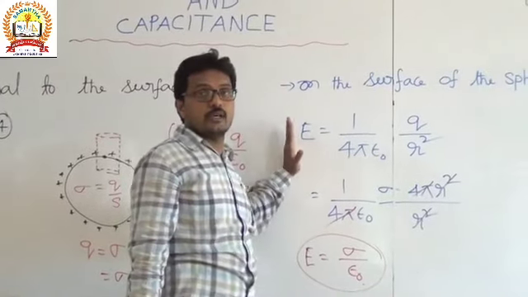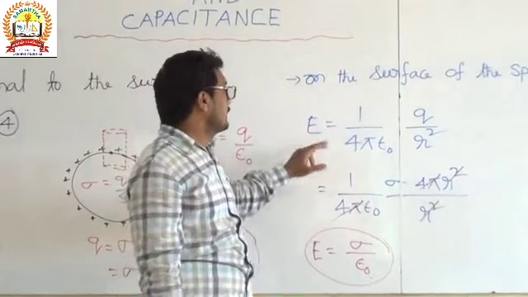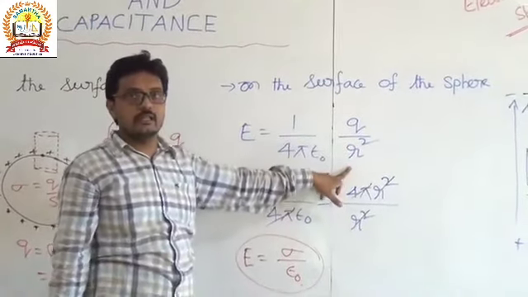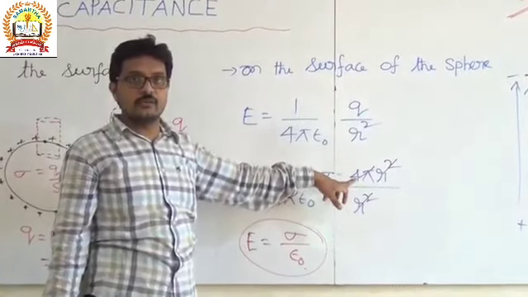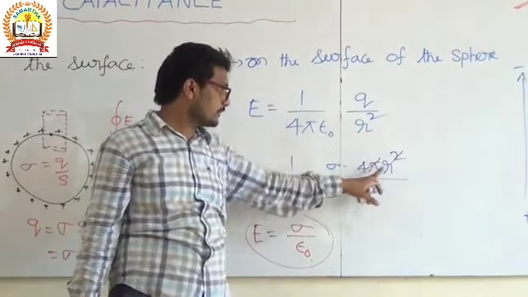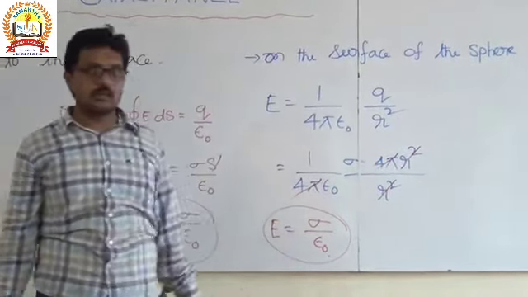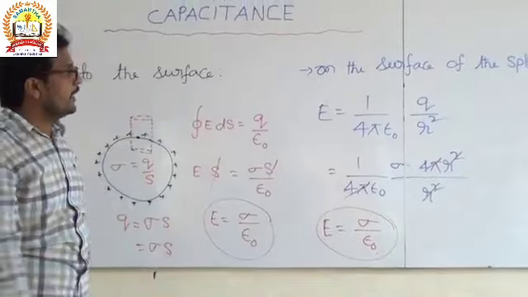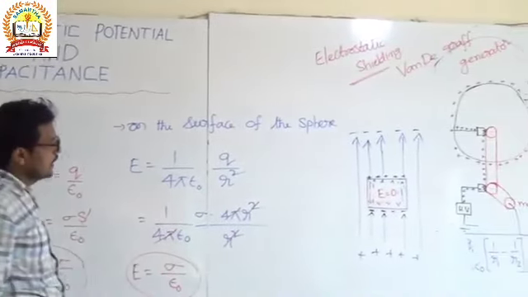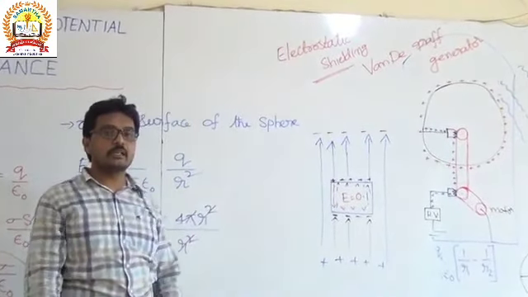In applications of Gauss law, we know electric field on the surface of the sphere is E equals 1 upon 4 pi epsilon naught, q by r square, and q is the surface charge density times surface area. Surface area of the sphere is 4 pi r square, the 4 pi r square cancel, and the remaining terms are sigma upon epsilon naught. And electrostatic shielding is used to protect sensitive instruments from the electrical influence.